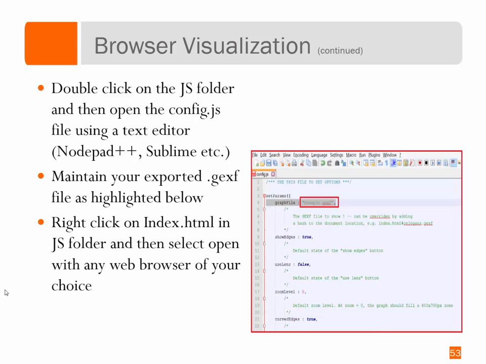Probably my favorite is Sublime, but all of them will work sufficiently. You'll maintain your exported .gexf file as highlighted there to the right. Basically you just define, this is my file name. You'll right click on index.html in the JavaScript folder and then select open with any web browser.